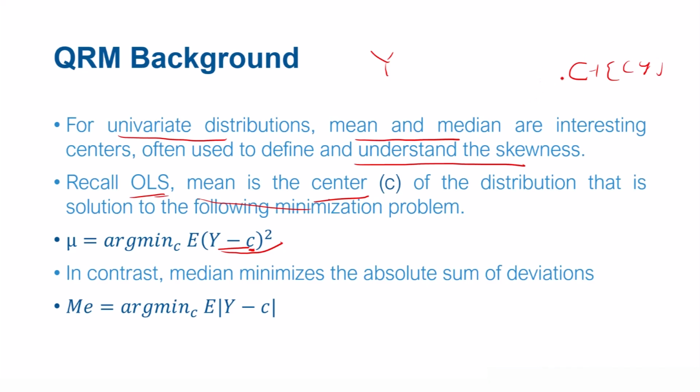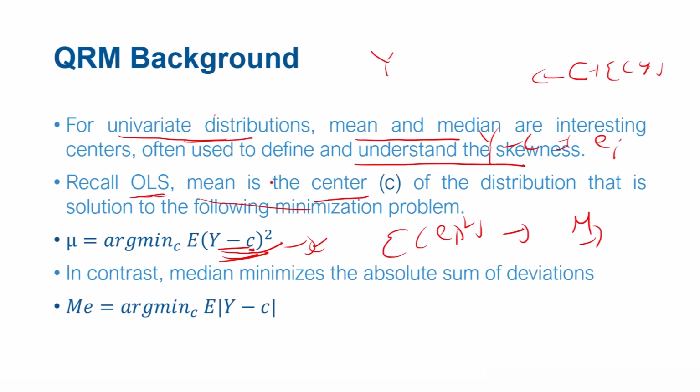Any deviation y minus c is your error e_i. So the expected value of e_i squared, this minimization scheme where you are trying to minimize the expectation of squares, gives you the mean. So minimizing the deviation squares results in a scheme that gives you the mean, or when we translate it to the conditional distribution, we get OLS.